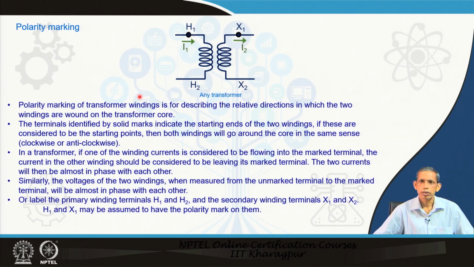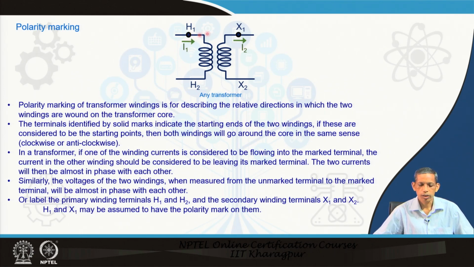CT or VT, or any transformer, has the corresponding polarity marking. Conventionally, what is done is that it gives us the corresponding direction of the winding in the core. So, we put a solid mark at both the high voltage side and the low voltage or secondary side, with these starting points.